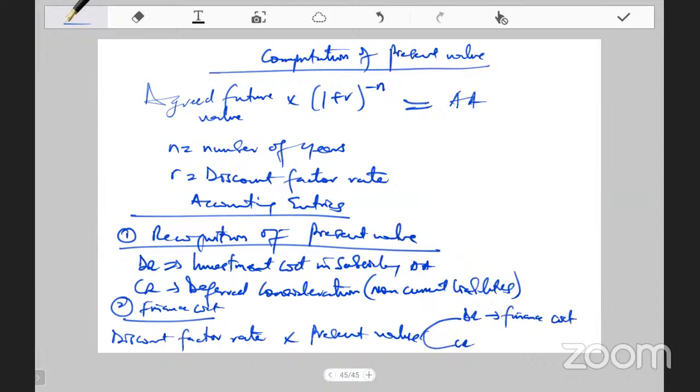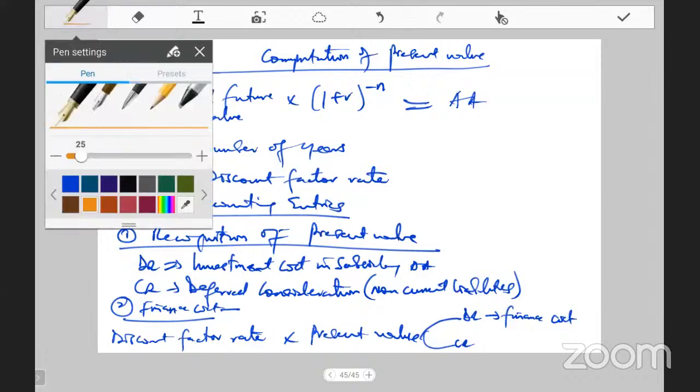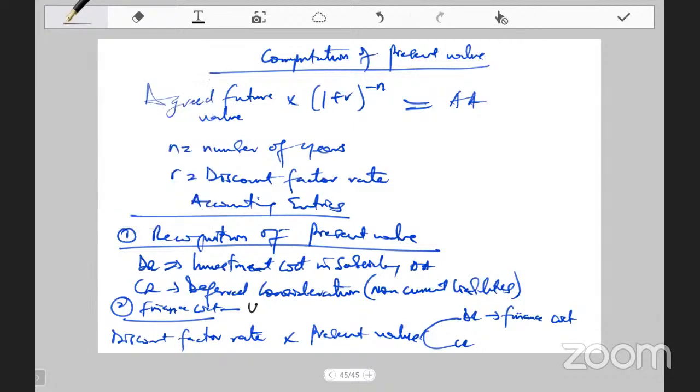The finance cost, please, is sometimes also referred to as unwinding cost. This is too tiny. Let me use maybe black. We call it unwinding cost. And how do you get that? Debit the finance cost and credit what we call the deferred consideration too. So that is that.